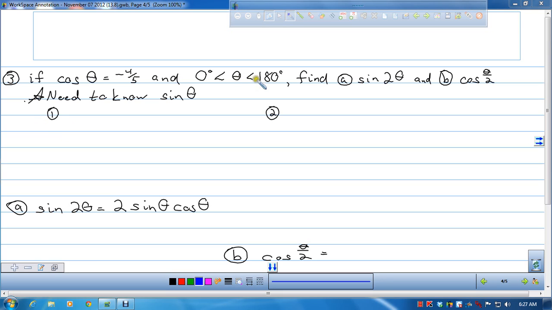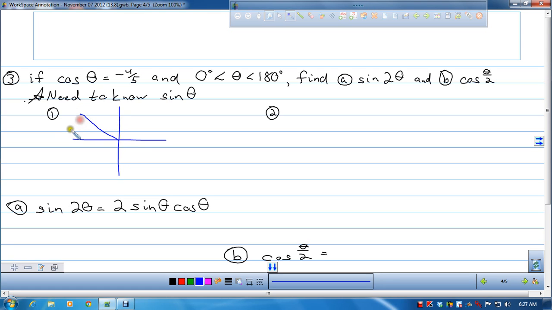I know it's between quadrants 1 and 2, and if cosine is negative, then it can't be quadrant 1, it must be quadrant 2.